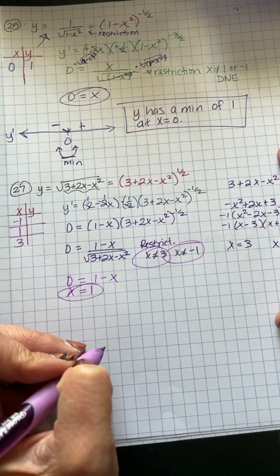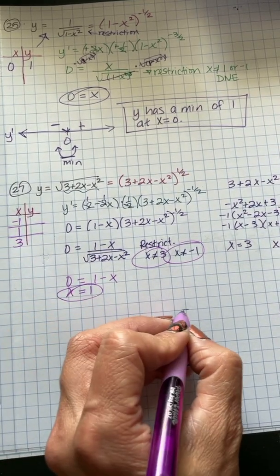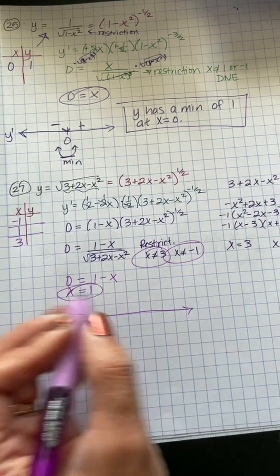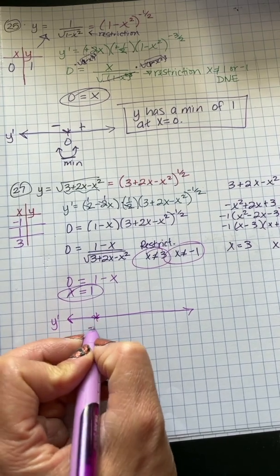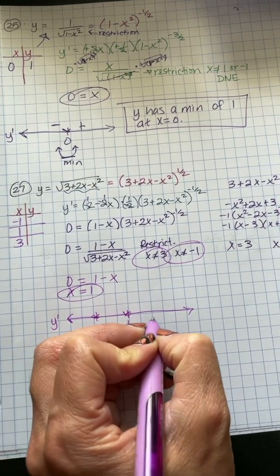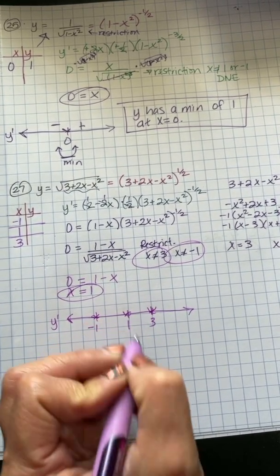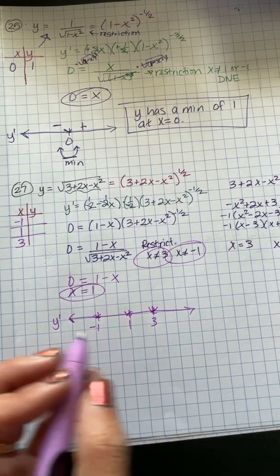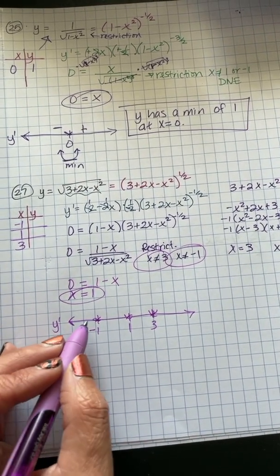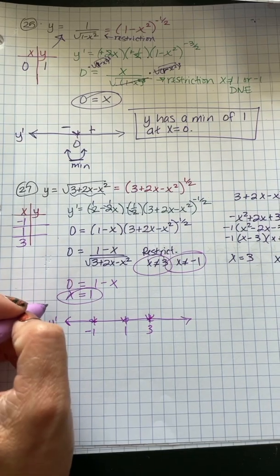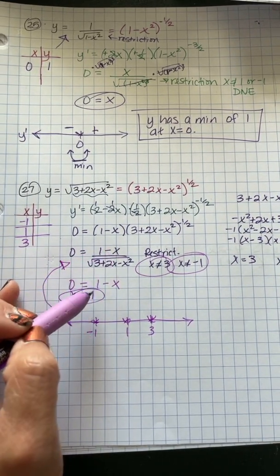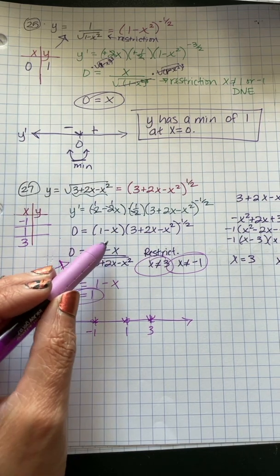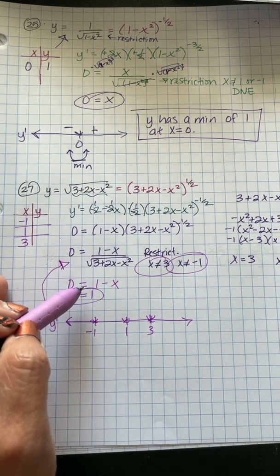Okay, and let's go ahead and do our number line sign chart, little graph here, y prime, and I need negative 1, 1, 3. So if I plug in something smaller than negative 1, like a negative 2, I plug it into the derivative. 1 minus a negative 2 would turn into a 1 plus 2, so it's positive in the numerator.